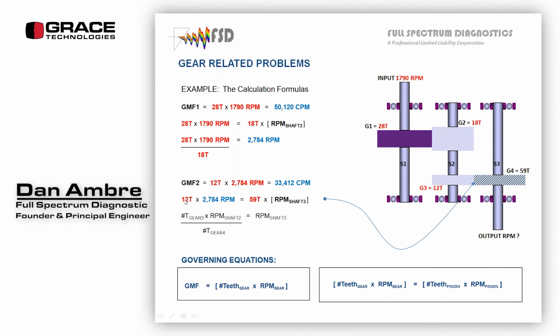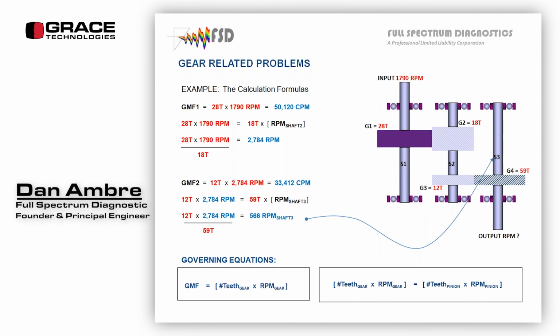So I have the input shaft is 12 teeth times 2784, teeth times RPM equals teeth times RPM. I have 59 teeth. I don't know what the output speed is, or the shaft number 3. I divide my gear mesh basically by 59 and I get my output speed. Okay. Output speed is 566 RPM.